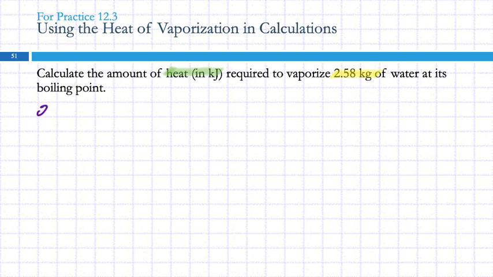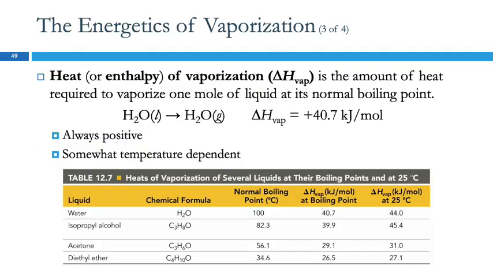So I've got 2.58 kilograms of water, and I'm trying to get to kilojoules. There's missing information. We need to know how much energy it takes to vaporize water. They didn't give it to us in the problem, so we're going to go back to the table and look it up.